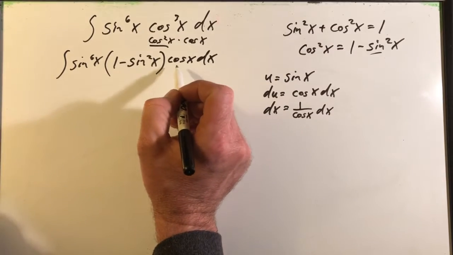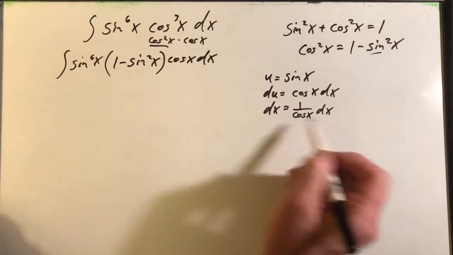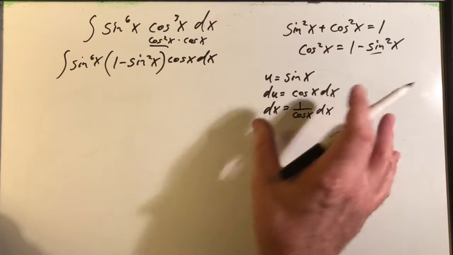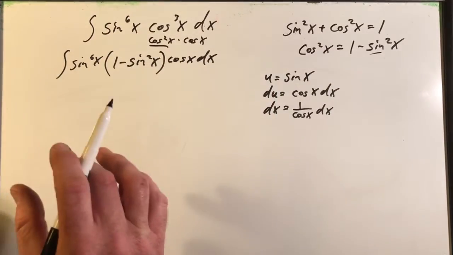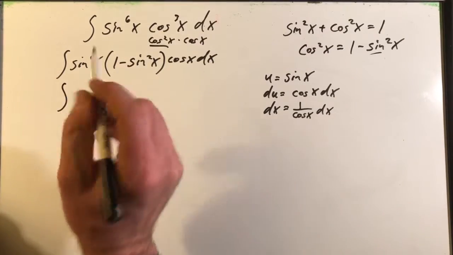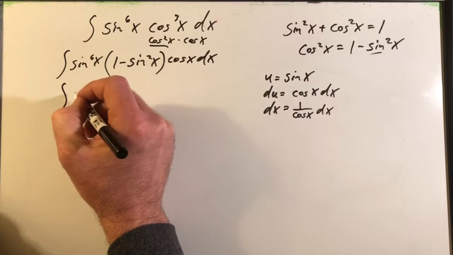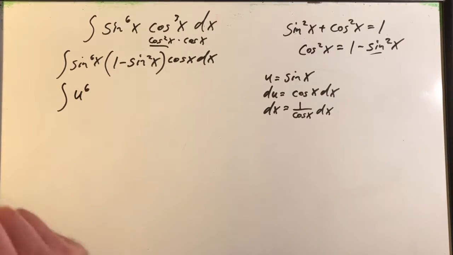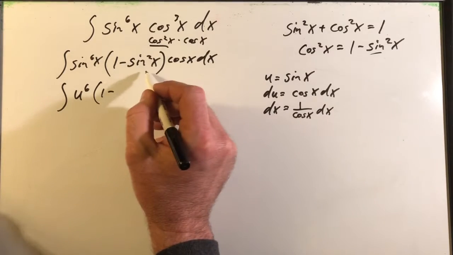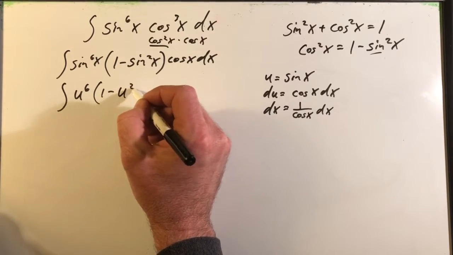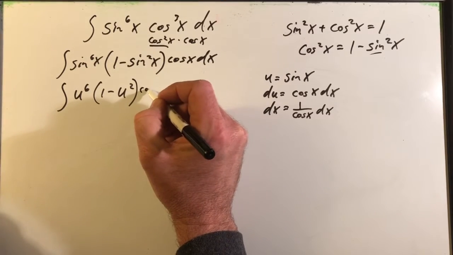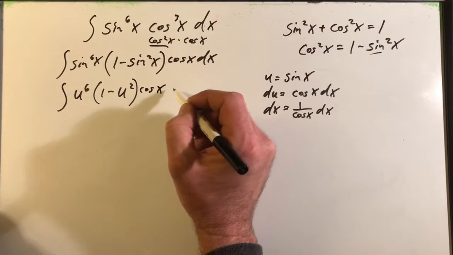So now I have the one cosine that I need for this substitution rule. So I can directly go and substitute that in right now and even leave it in its own form and then deal with it. So I'd have u to the 6th there, I'd have 1 minus u squared, and then I'd have my cosine still in the x domain.